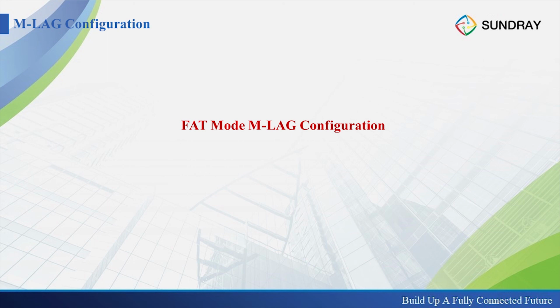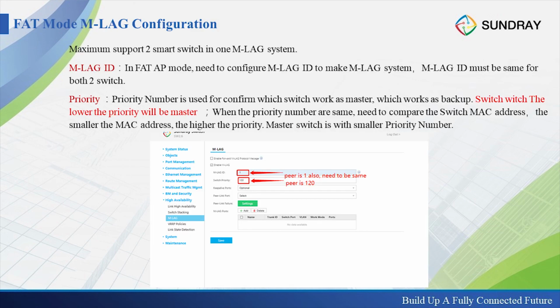And for the priority, just now I have explained. The priority number is used to confirm which one is the master and which one works as a backup. The switch with the lower priority will be the master.